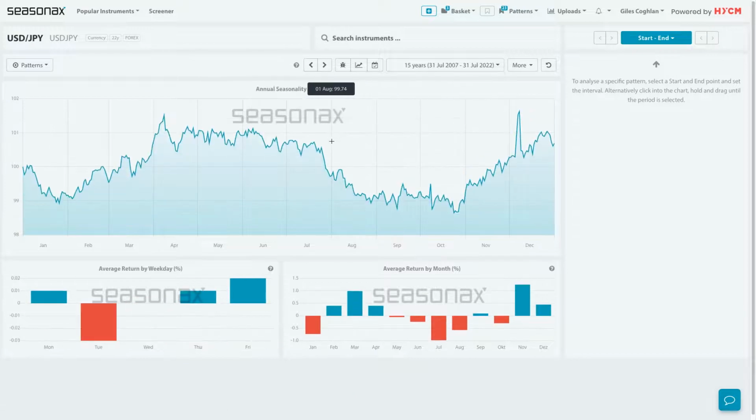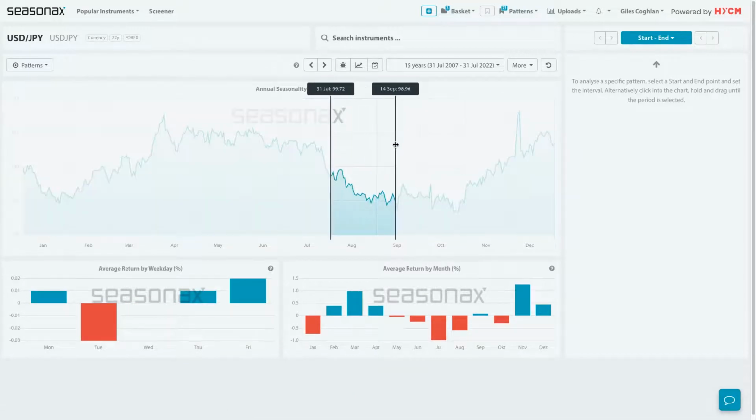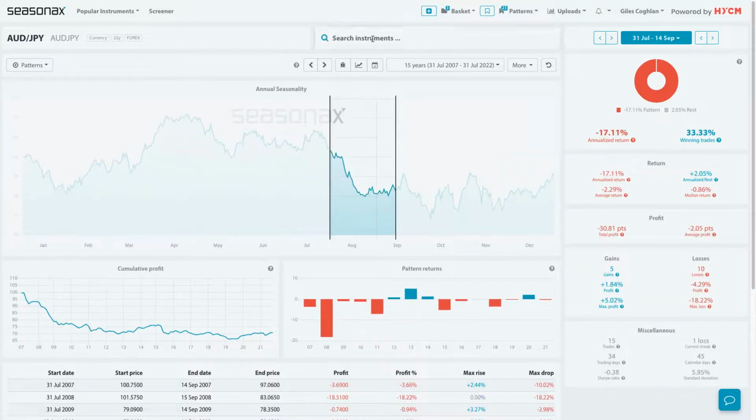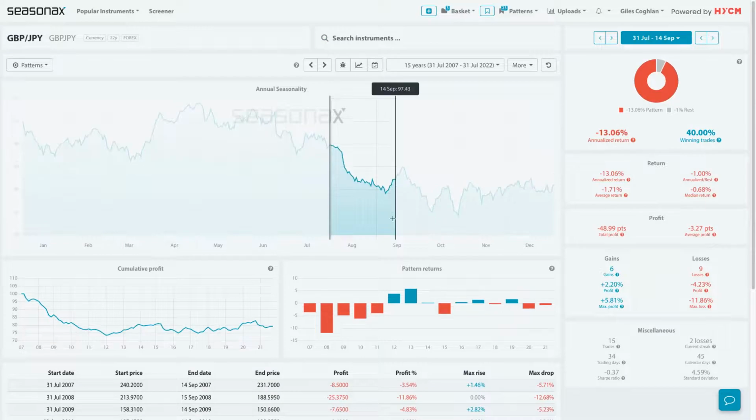So over 15 years, from the 1st of August to the end of July, you can see it tends to lose value. And it's not just the dollar yen, it's across all the yen pairs. Generally, when you see weaker stocks in the summer, you tend to see this strength gain on the pound yen. Okay, so that's what's going on there.